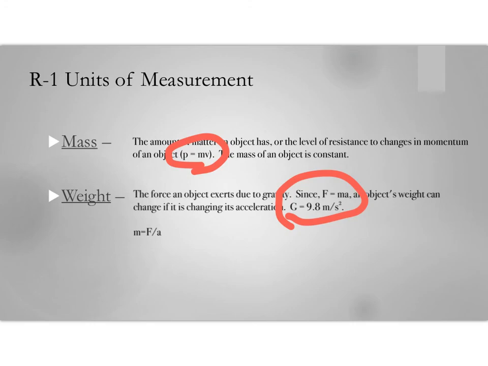And as a side note, the mass of an object can be determined by taking the weight, the F for force, and dividing it by the acceleration. So when you step on a balance at home, if you were trying to get how much you weigh in kilograms, all it does is measure your weight in pounds, essentially, some metric version of pounds, and then divide it by 9.8 meters per second squared, and you get however many kilograms you weigh.